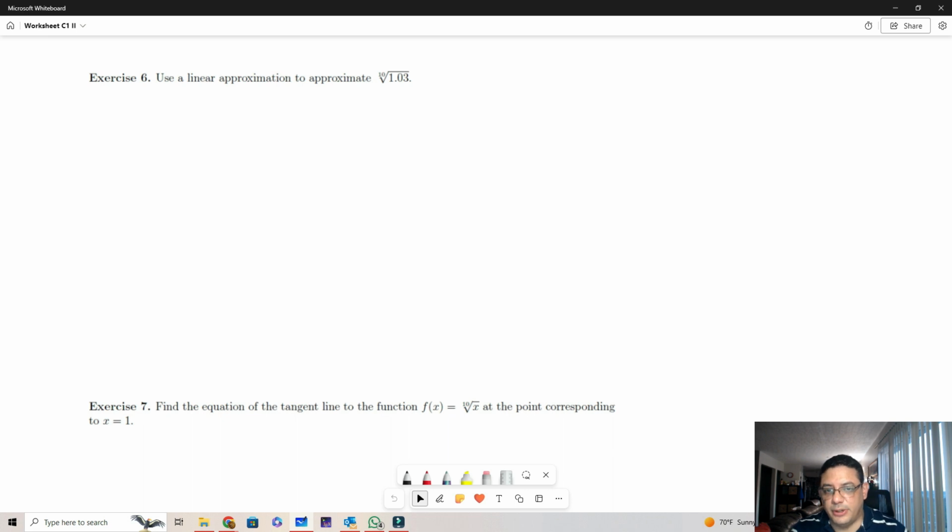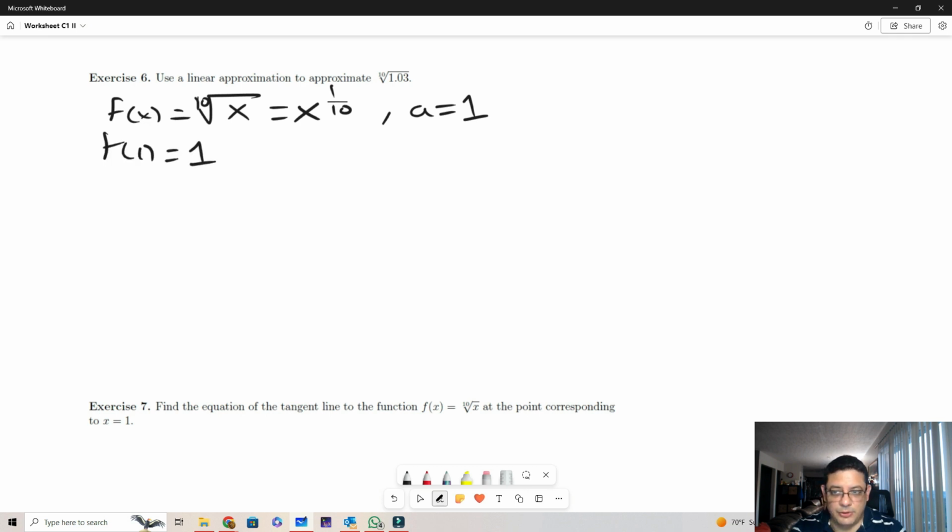Now for exercise 6, we continue doing linear approximation. We're going to have to approximate the 10th root of 1.03. So clearly the function that we're trying to use is the 10th root of x, or if it's easier to manage, x to the 1/10. Because we're going for 1.03, the closest point that we can use to approximate is 1. So f of 1 is going to be 1 to the 1/10, which is 1.